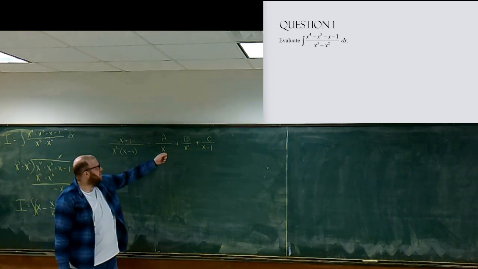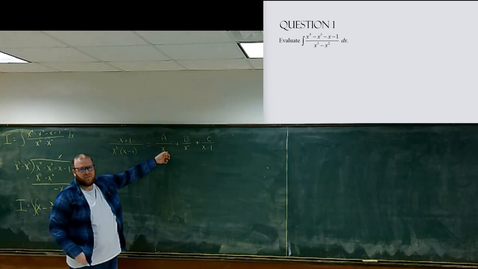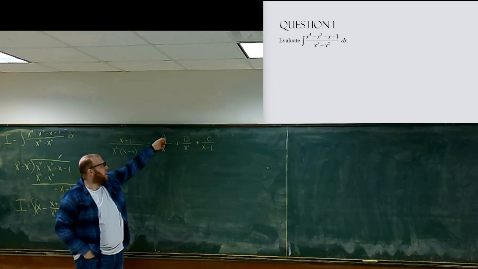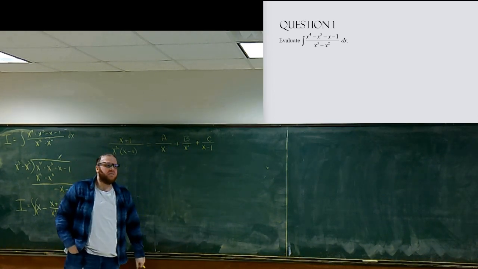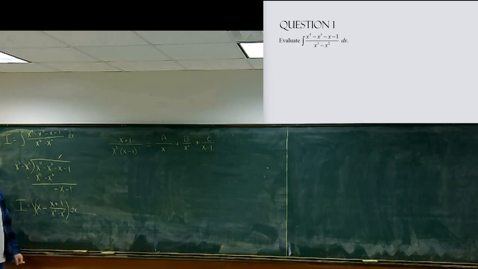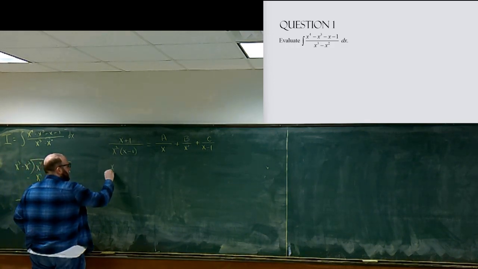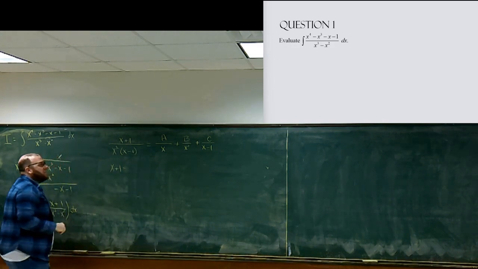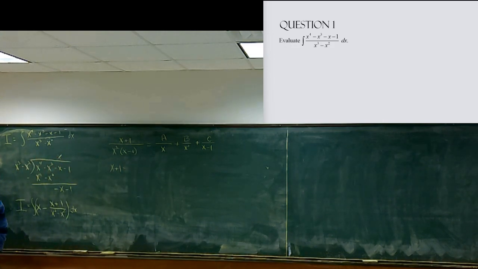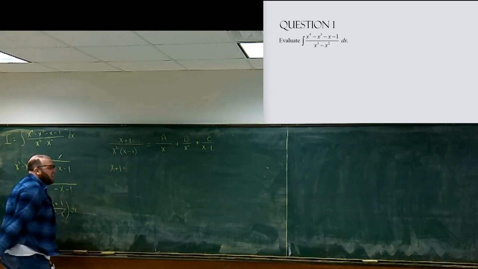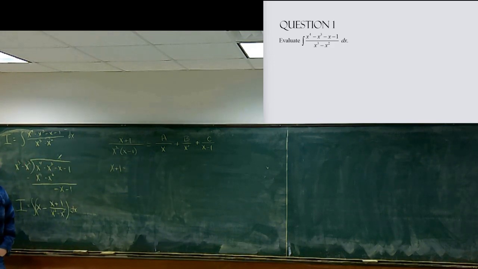This is the form of our decomposition. We now have to solve for a, b, and c. So multiply through by the denominator, x squared times x minus 1.